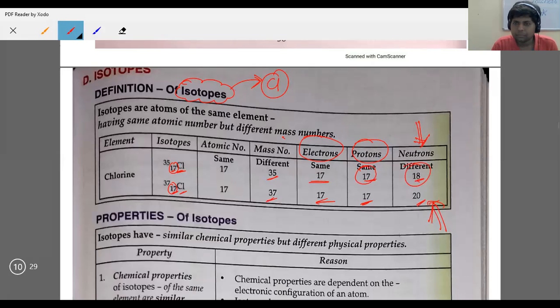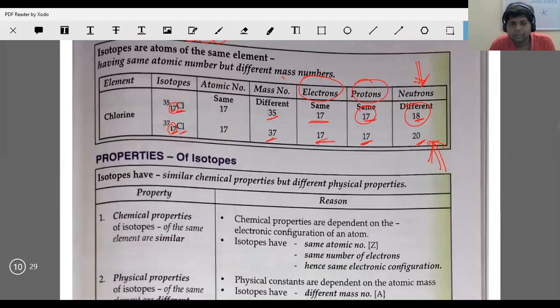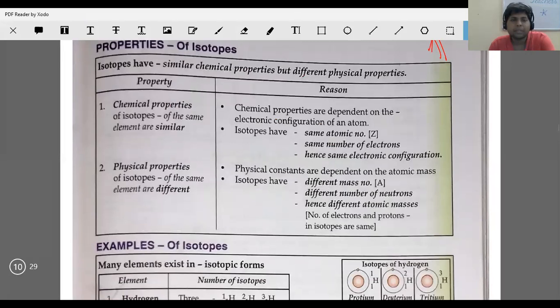Then the properties of isotopes. Chemical properties will be the same because the element is the same. Physical properties are different because their masses are different. So, same atomic number, same number of electrons, same electronic configuration, but different mass number, different number of neutrons and different atomic masses.